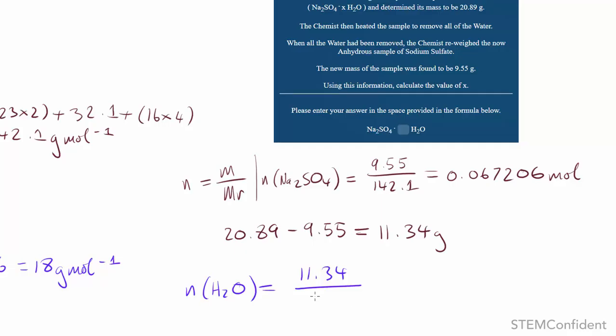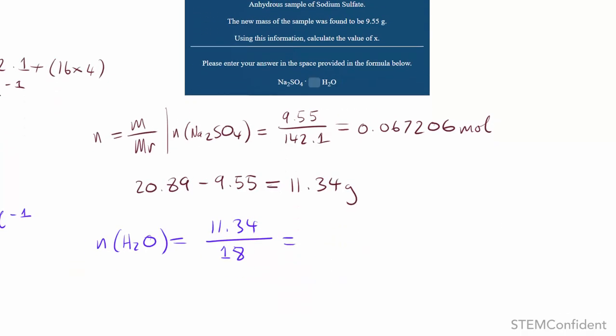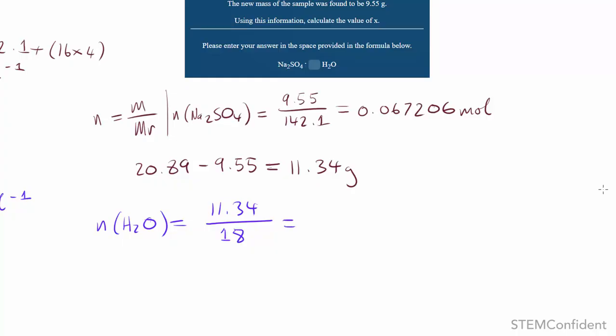So in this case, it's 11.34 divided by 18, and if you work that out, you should find that you get 0.63 moles.